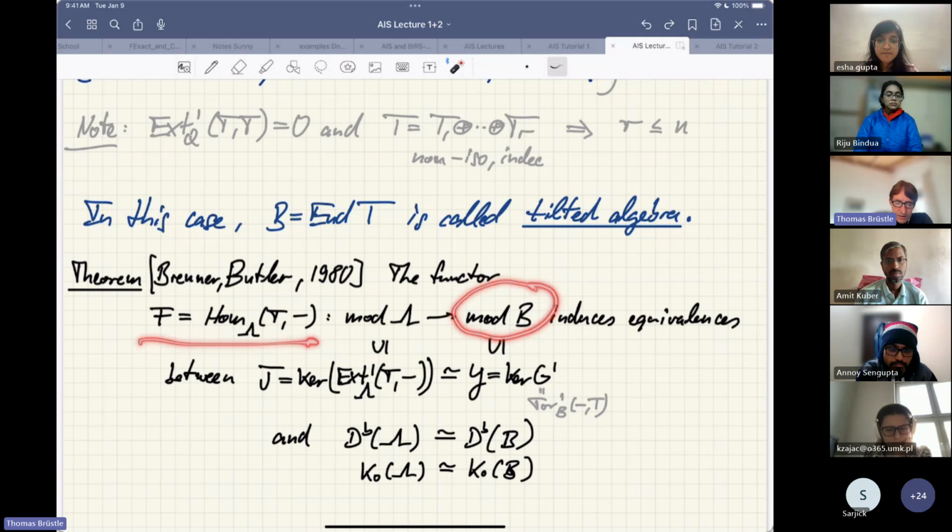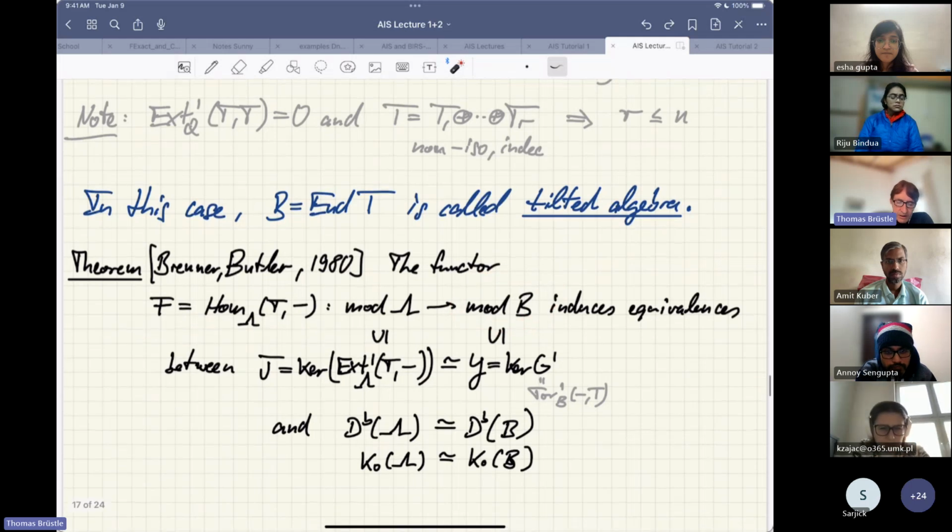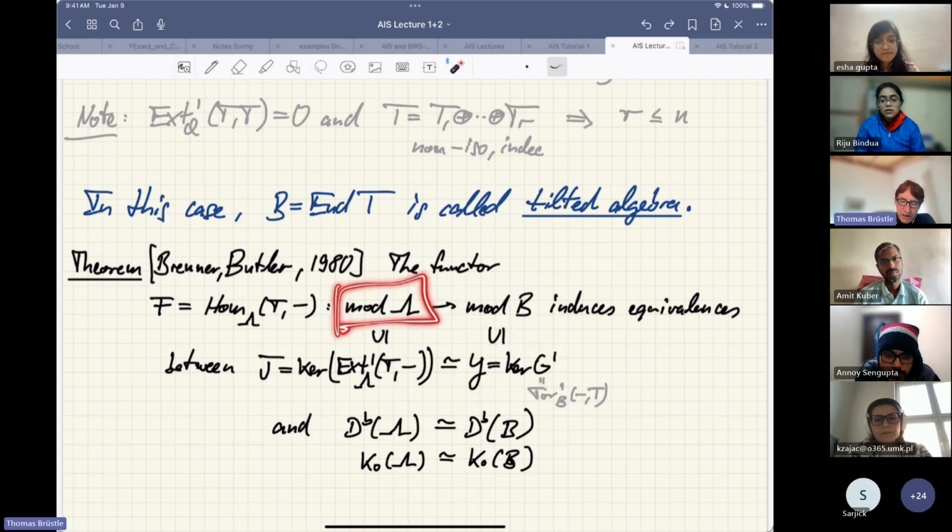And that functor has nice properties in terms of the module category. I can identify a certain subcategory of the original algebra with a certain subcategory of mod B, of the tilted algebra.